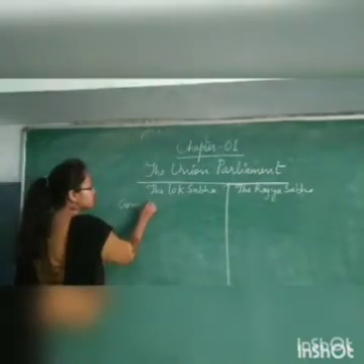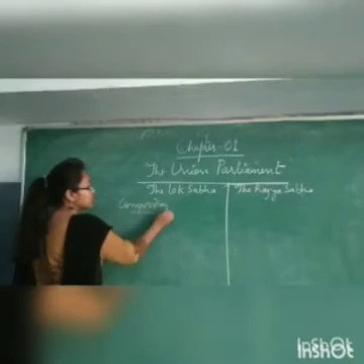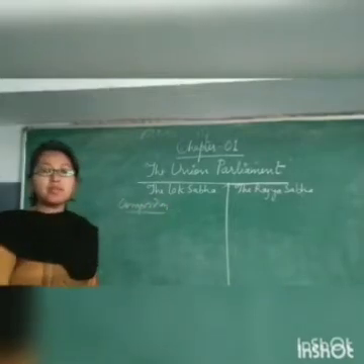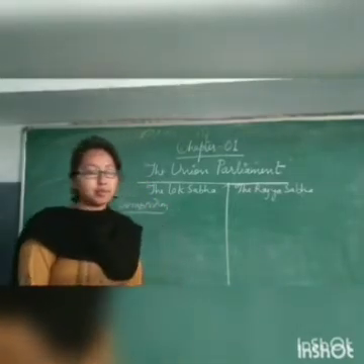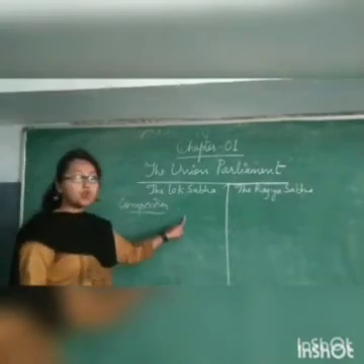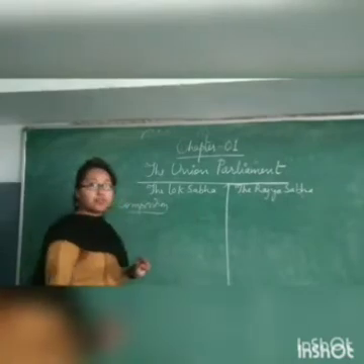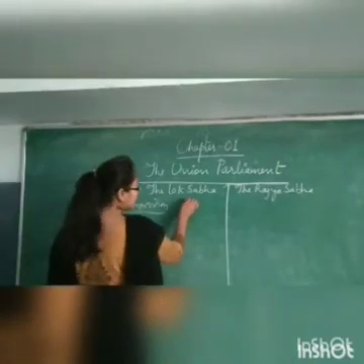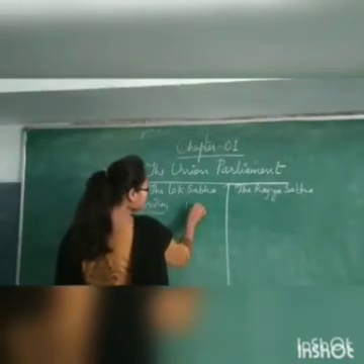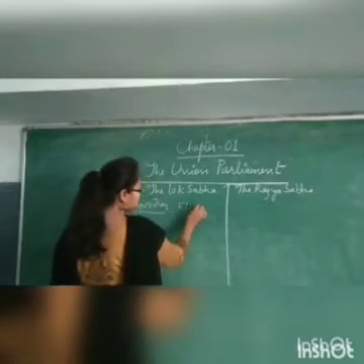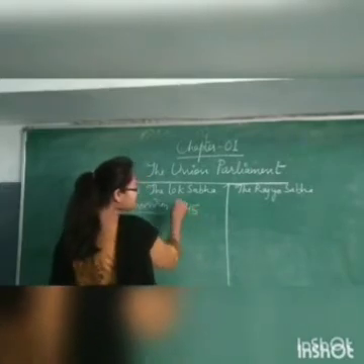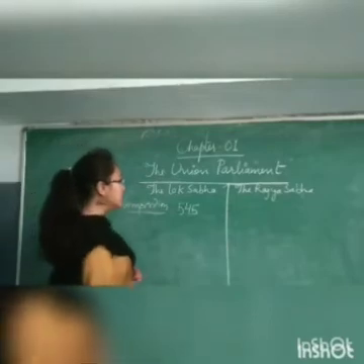Composition means the total strength of Lok Sabha members and Rajya Sabha members. The total strength of Lok Sabha is 545 members, whereas in Rajya Sabha the total is 250.